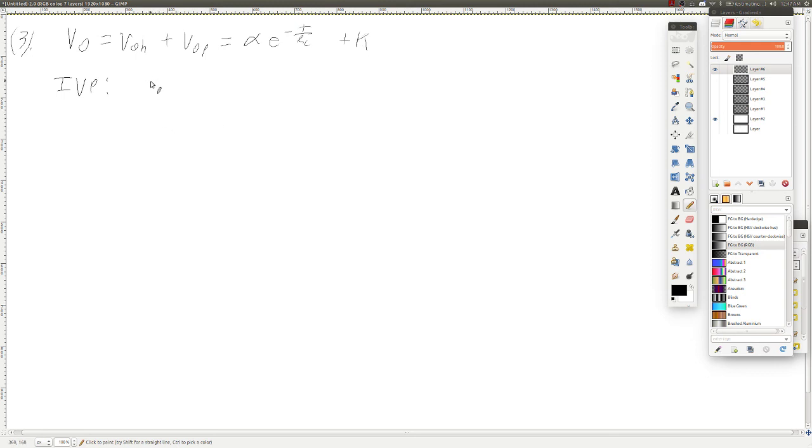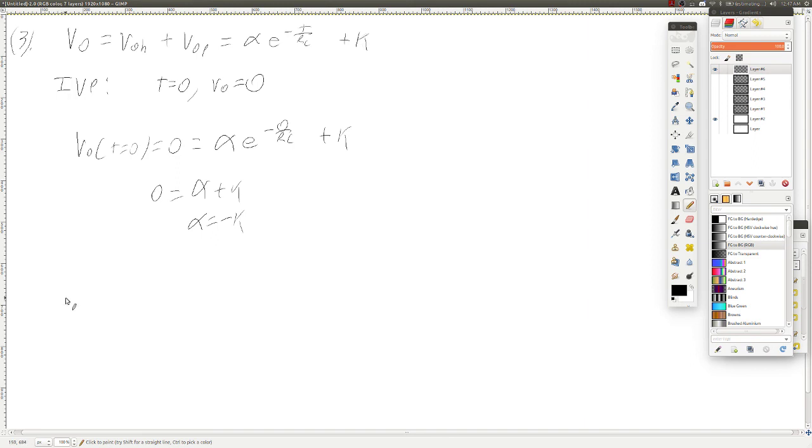We know that at time t equals 0, V out is also equal to 0. This makes things really easy. V out at t equals 0 is equal to 0. That's equal to alpha e to the negative 0 over RC plus k. E to the negative 0 over RC is 1, which means that 0 is equal to alpha plus k, meaning alpha is equal to negative k.